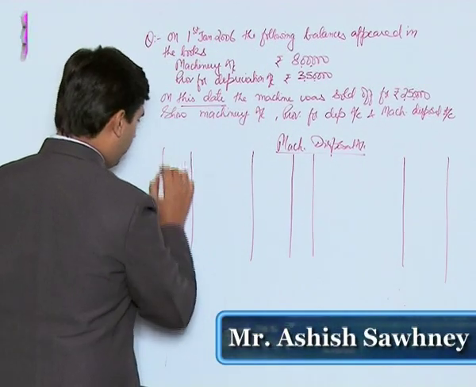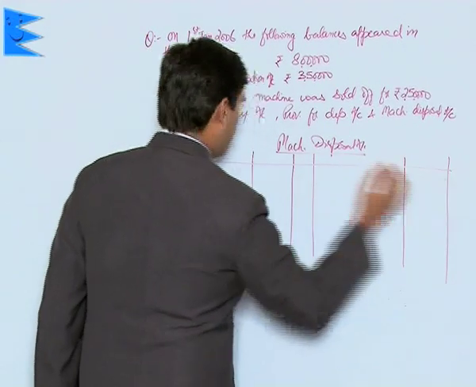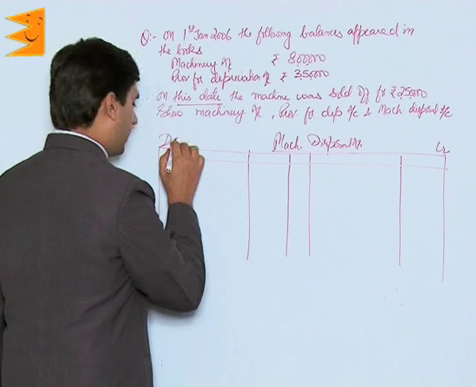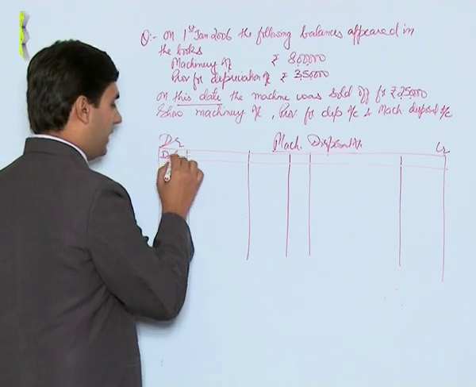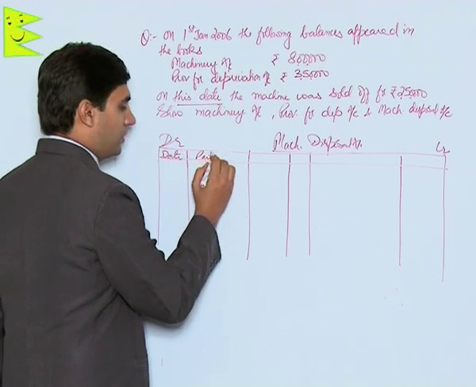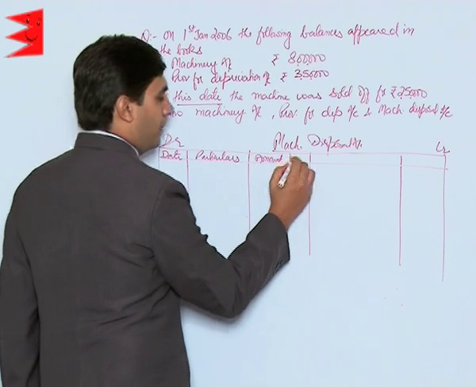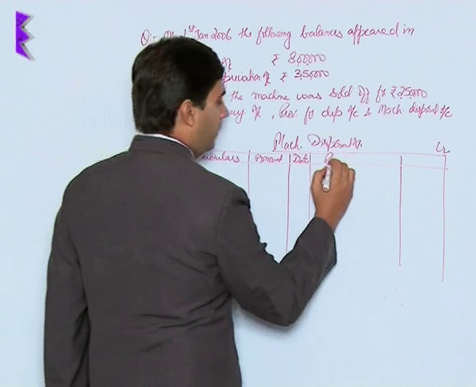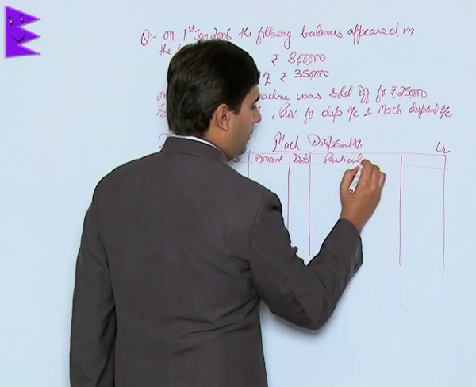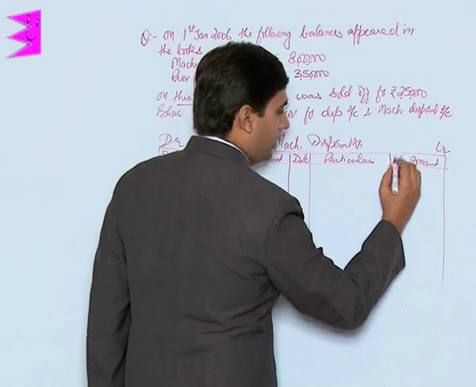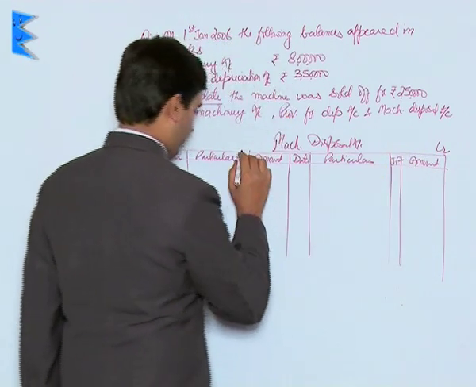The columns are the same, the sides are exactly there as in the ledger accounts or the format. This is date, particulars, amount, date, particulars, amount. You can add journal folio to it as well.